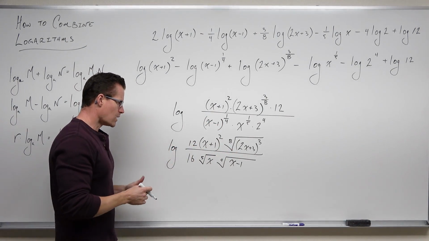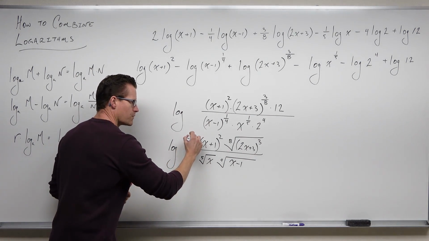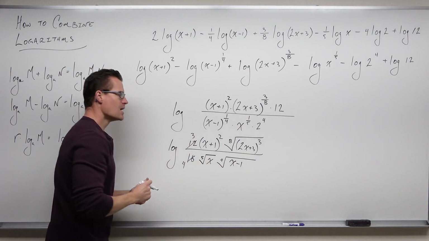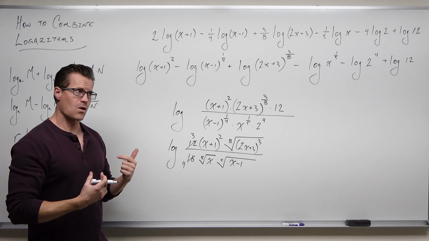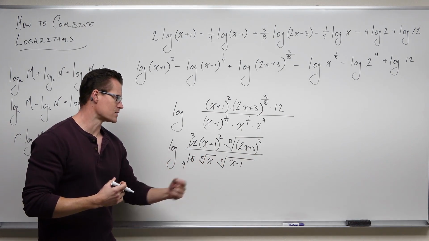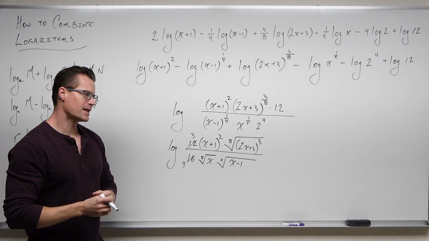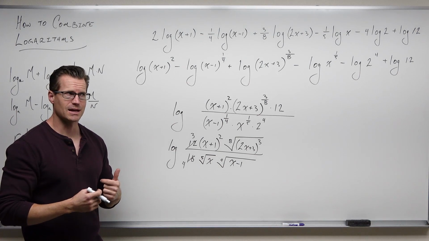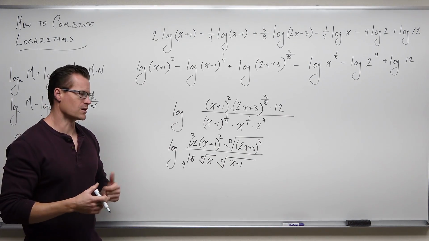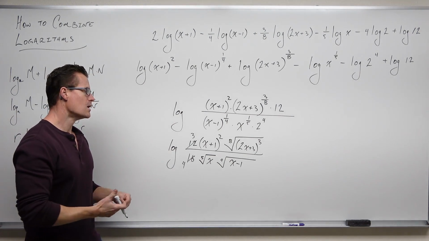We're going to simplify the 12 and the 16. 4 goes into 12 3 times, into 16 4 times, but nothing else really simplifies. There are ways that you could combine these radicals, but it becomes pretty cumbersome, and it's not going to be generally any better for you. You can do it. If you have to, you have to.